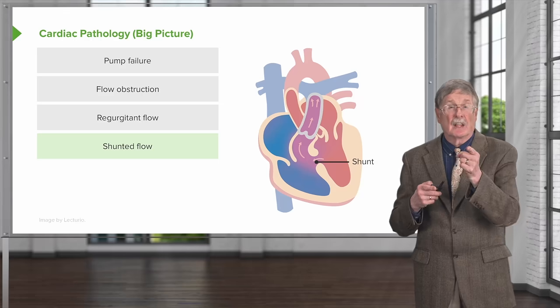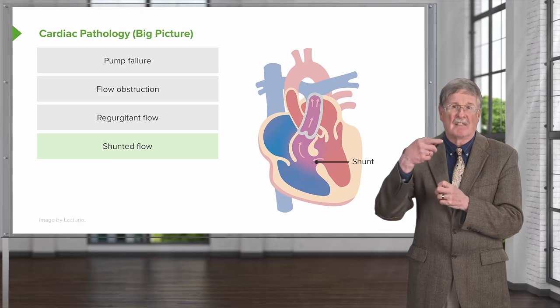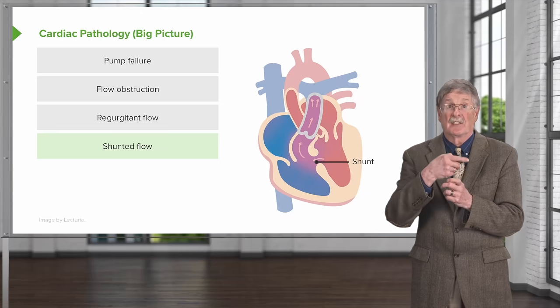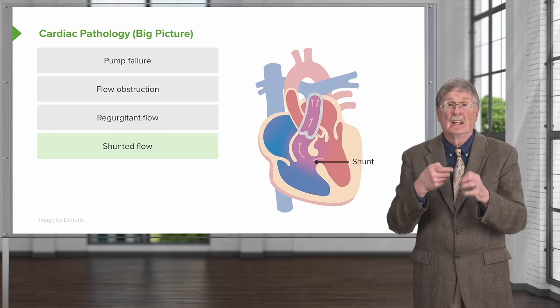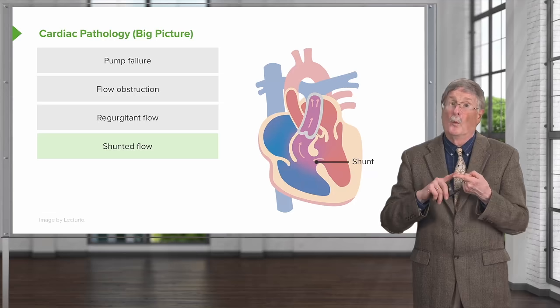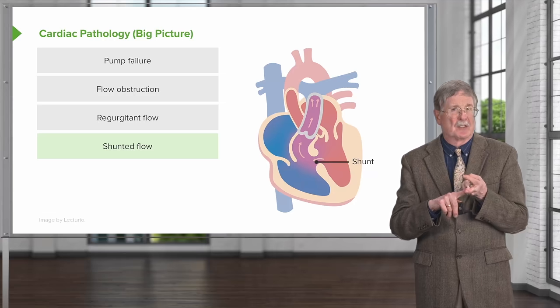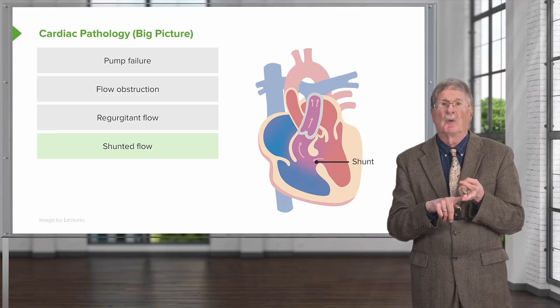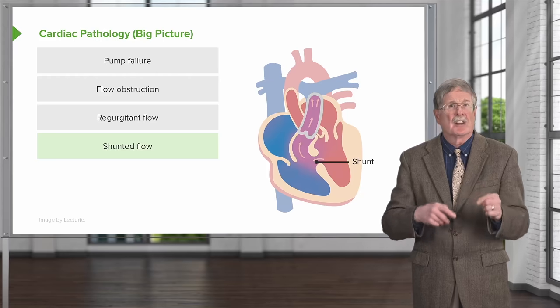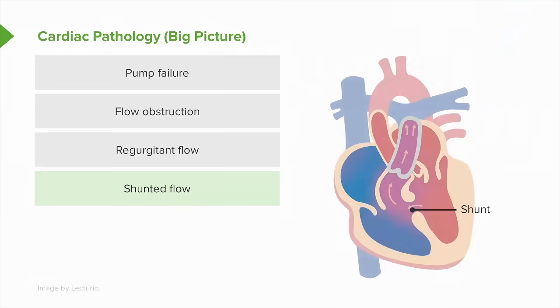And in this particular case, that extra volume and pressure coming from the left ventricle through a ventricular septal defect into the right ventricle is going to cause pressure volume overload in the right ventricle, causing right heart failure, but increase pressure and volume in the pulmonary circulation, which can eventually cause pulmonary hypertension. So shunted flow is your fourth big picture cause of cardiac pathology.